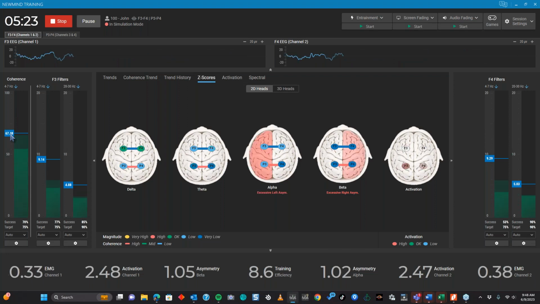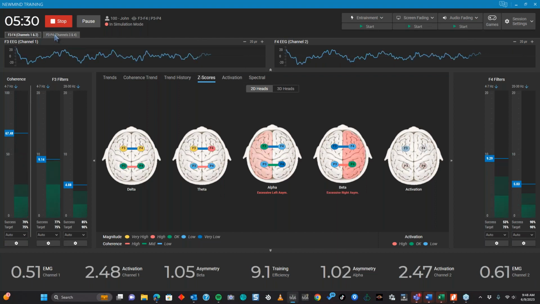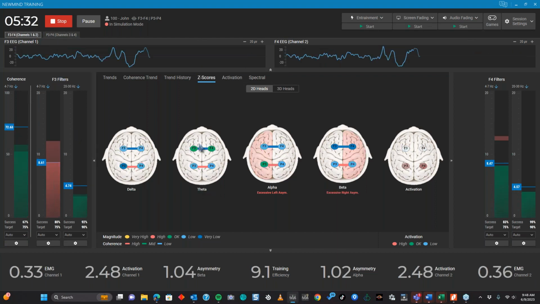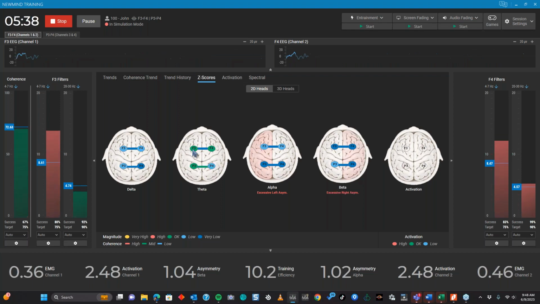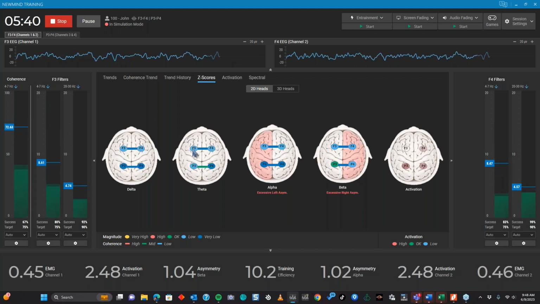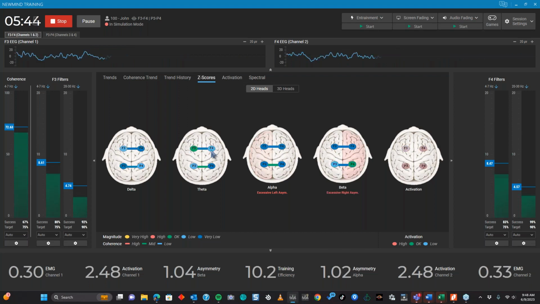But here we can see on the 2D heads in the z-score screen, if this is kind of confusing, what you're seeing at the locations is amplitude of the signal. So this is microvolts of power. This is just like what you see when you're looking at a brain map.